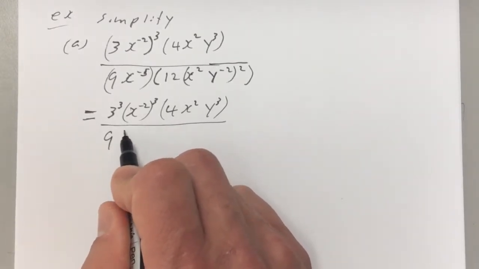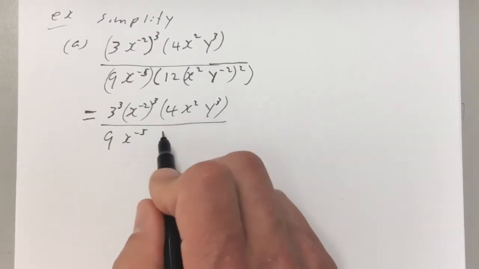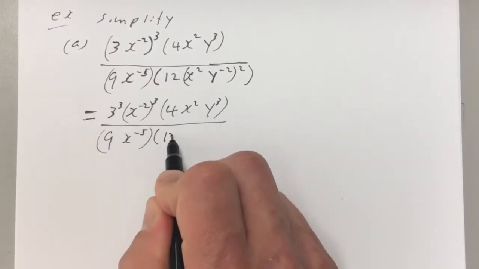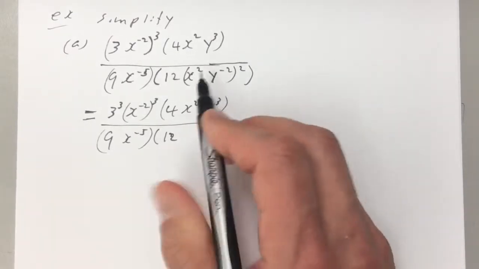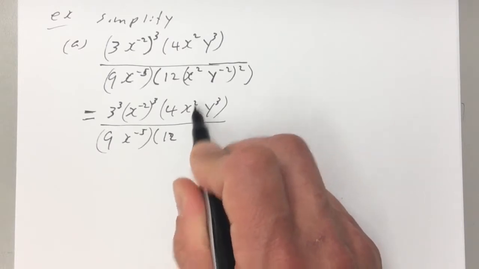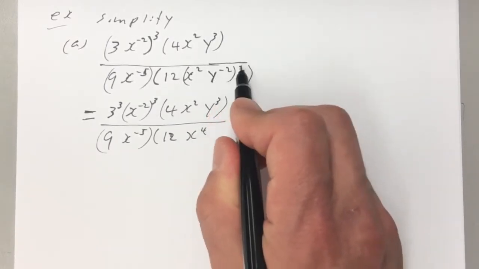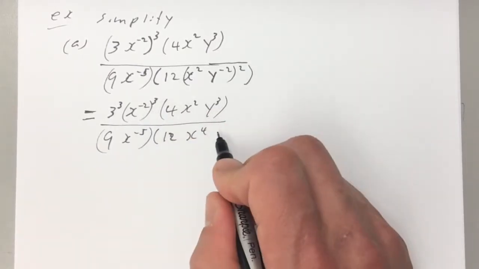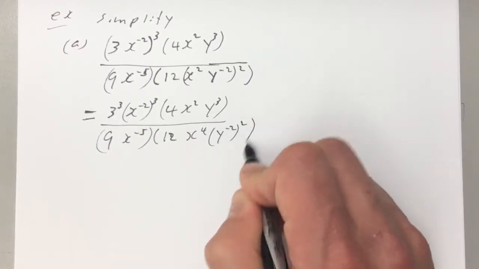Okay, so 9x to the negative 5 times 12, and this squared is going to be distributed in, so x squared squared, well, that's going to be x to the 4th, and then y to the negative 2 squared. Okay, so we wrote it out up here. Do it again here. y to the negative 2 squared.